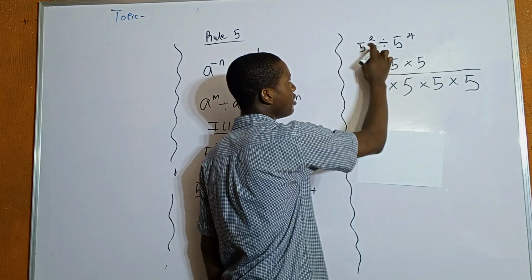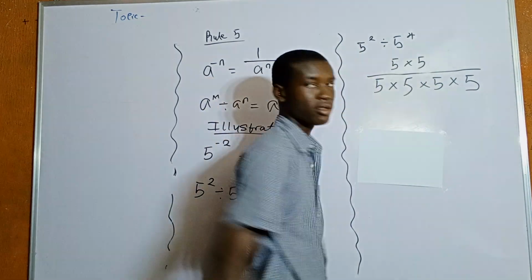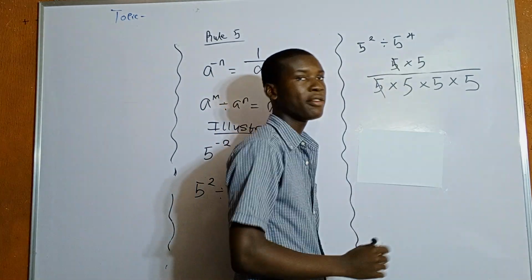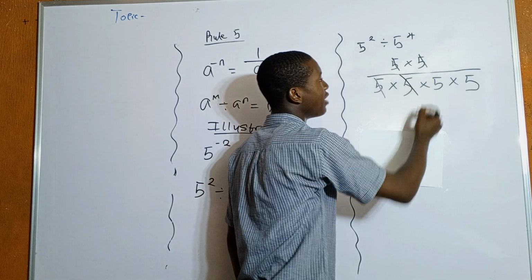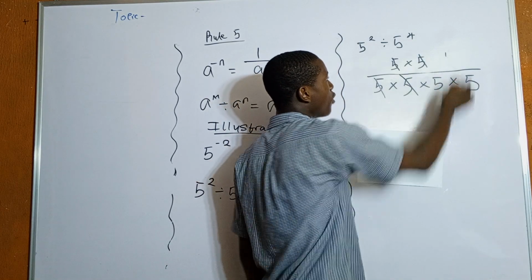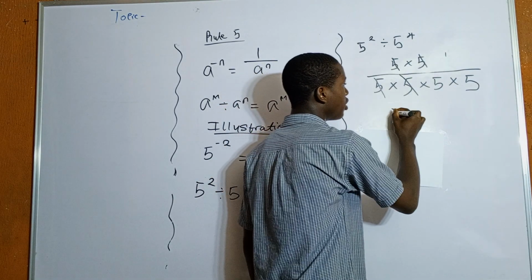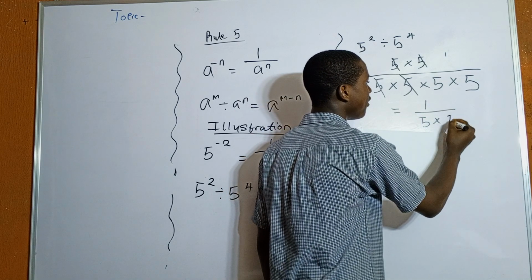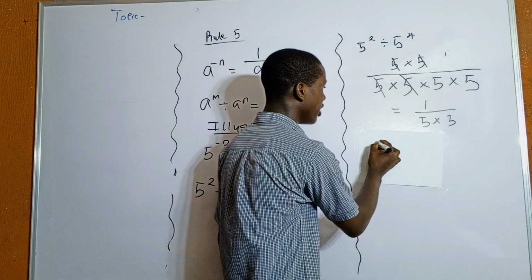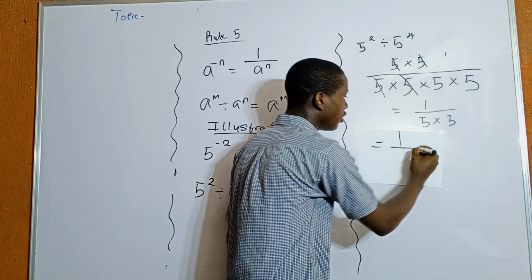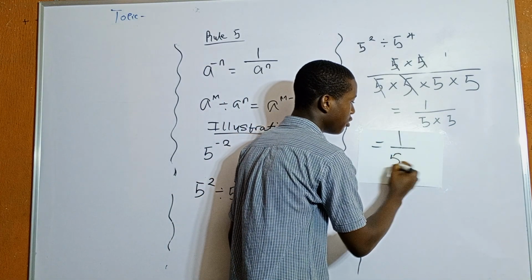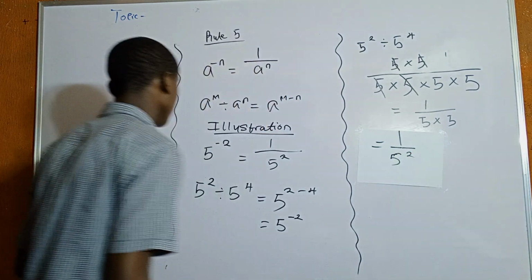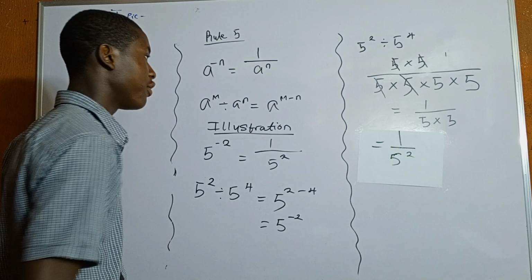Now we have 5 in 2 places and 5 in 4 places. If we divide, 5 cancels 5, 5 cancels 5, and we'll be left with 1 over 5 multiplied by 5, which will be equal to 1 over 5 raised to the power 2. And that was how they got the fifth rule of indices.